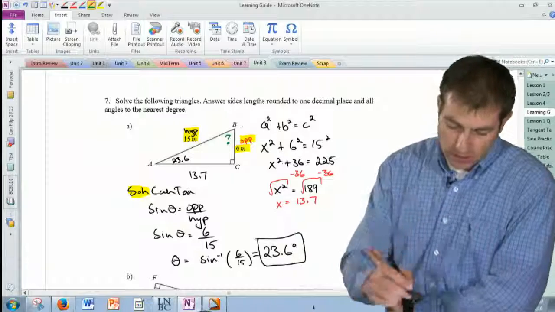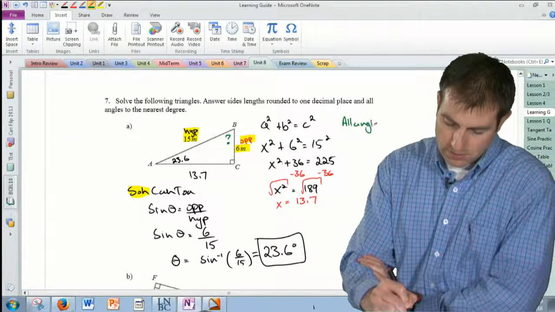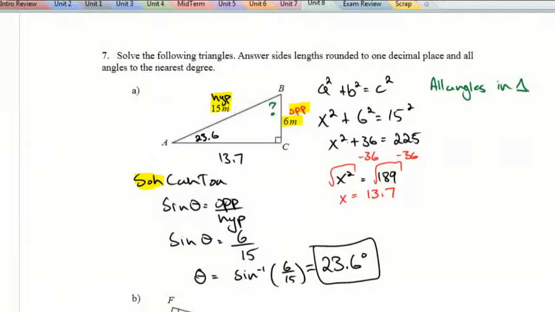I know that all the angles in a triangle must add to 180 degrees. So if I have 180 degrees in my triangle in total, I have my right angle, I have 23.6. What am I left with?